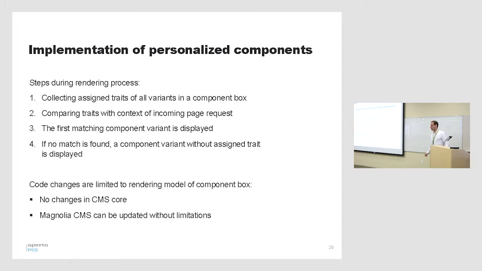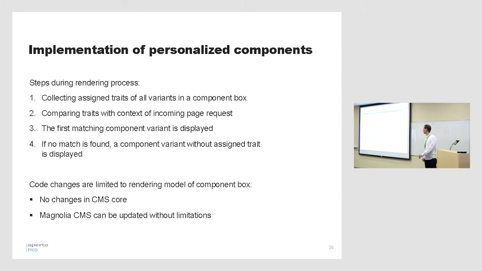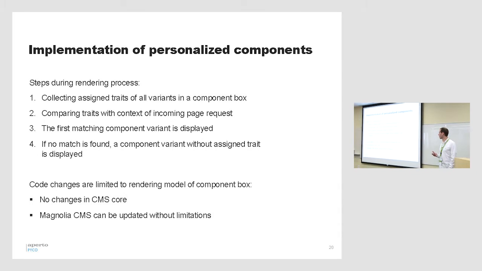So and how is our implementation working? When rendering the model of a component, we collect all traits which are assigned to this component, and then we compare the configured traits with the incoming request. So we check which kind of trait is matching the current user or the request, and then we display the first matching component variant. And this works for every component on the page.